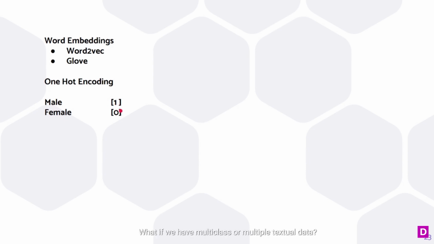What if we have multi-class or multiple textual data? Suppose it is a column about grades, where we have different kinds of grades: A plus, A, B plus, B, C, C plus, etc. In that case, we can't just name them 1 and 0. We can leverage other numbers as well. So we can name A plus as 1, A as 2, B plus as 3, B as 4, etc., and continue in that fashion.